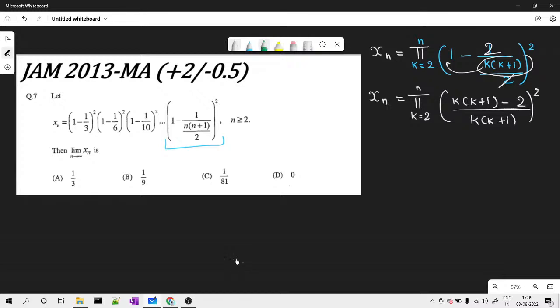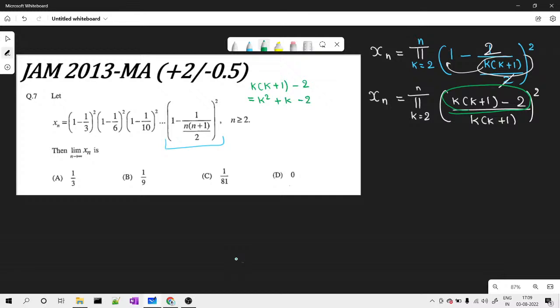Now let us simplify the numerator part. The numerator is k plus 1 minus 2, that is nothing but k square plus k minus 2.